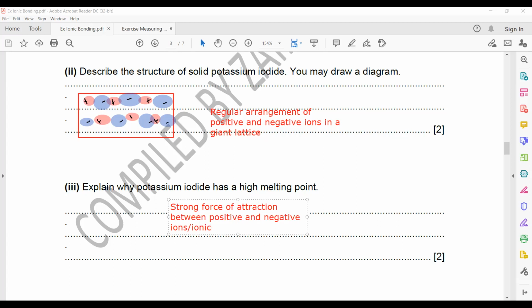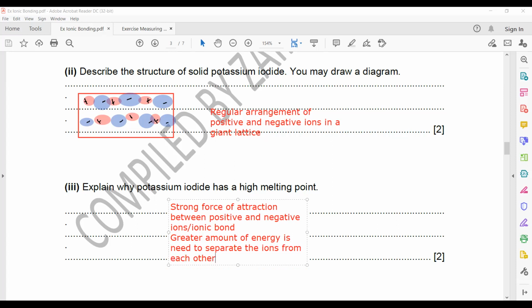And the second mark is that a greater amount of energy is needed to separate the ions from each other.